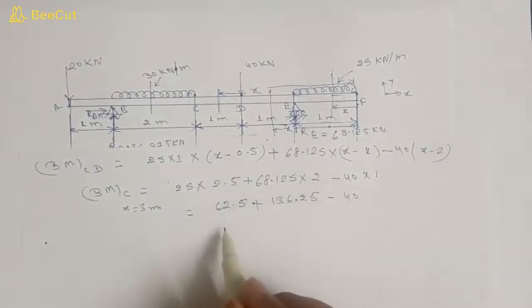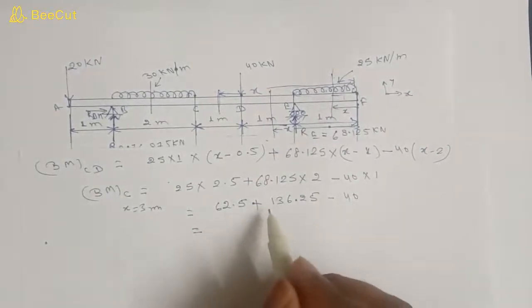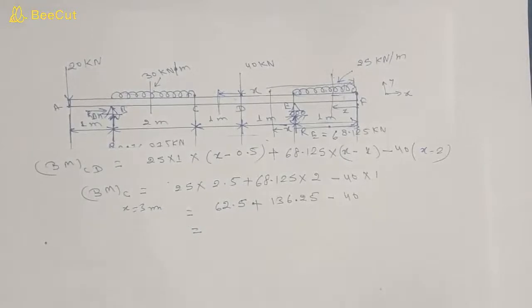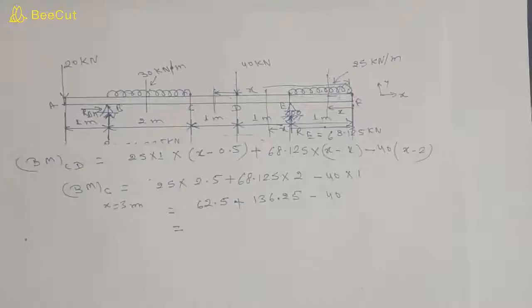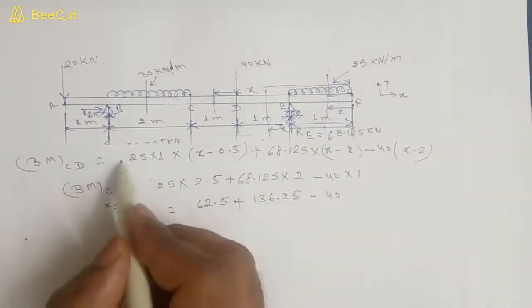So you will get 62.5, and if you add 136.25 plus 62.5, you will get... sorry, this was negative.